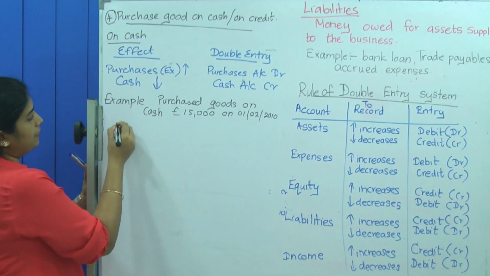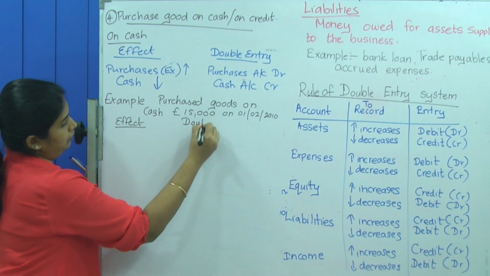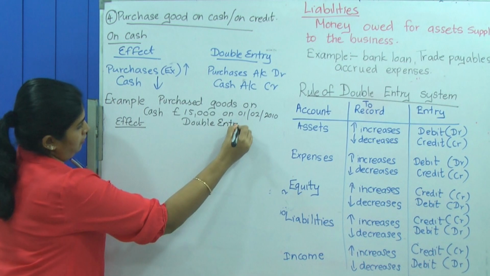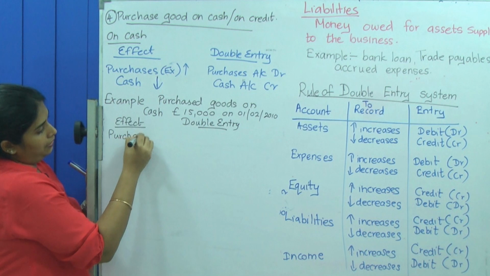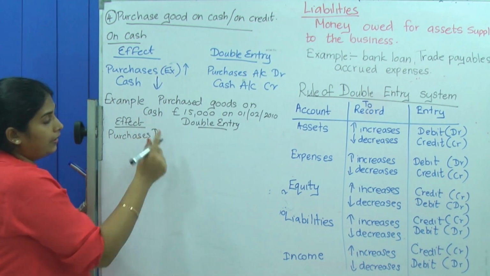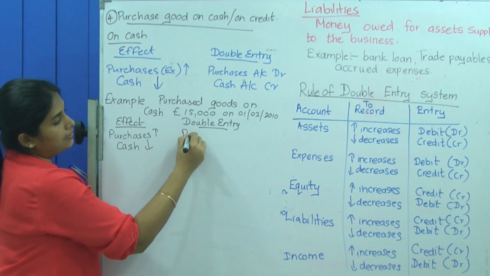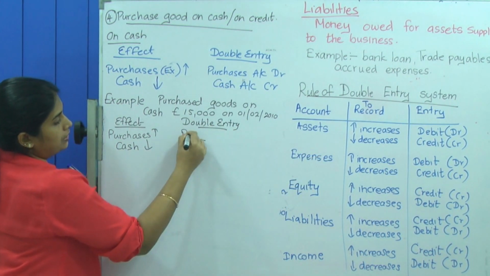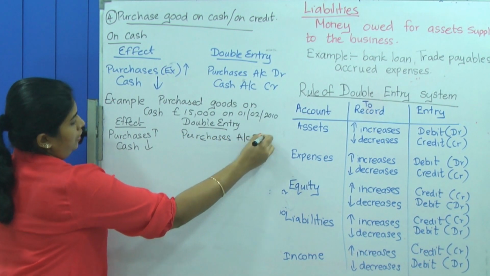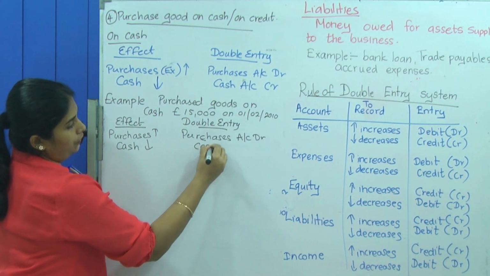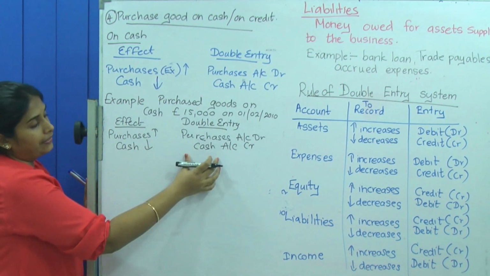So this one affects, when you purchase goods, purchases increases. Because you are paying in cash, cash decreases. So purchases, when it increases, it's an expense, so the purchases account will be debited. Cash decreases, so the cash account will be credited. Okay, so this is the effect and the double entry.